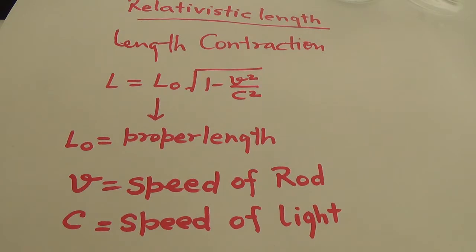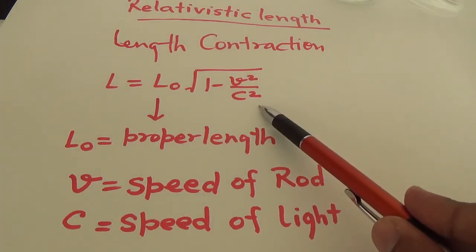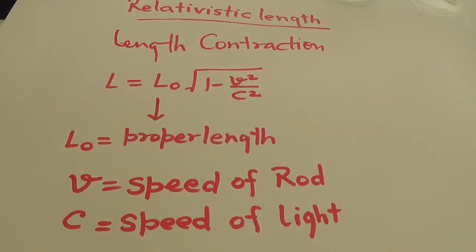In relativistic length, which is a concept of Einstein's theory of relativity, we use this particular formula for length contraction: L is equal to L naught times the square root of 1 minus V squared over C squared. From that one can find the variation in dimension according to the relative motion between two objects, where the two objects correspond to two different frames.